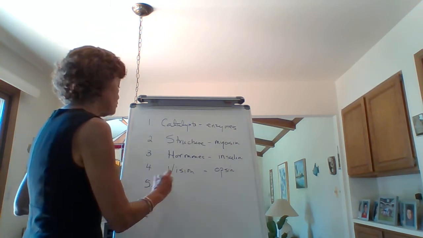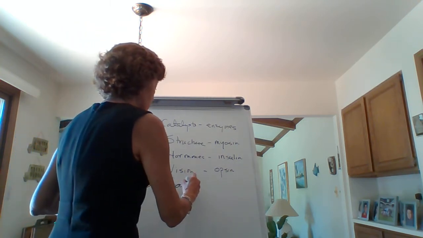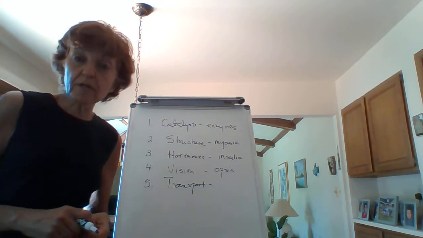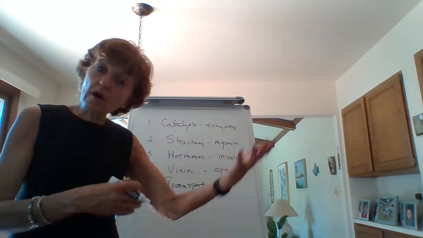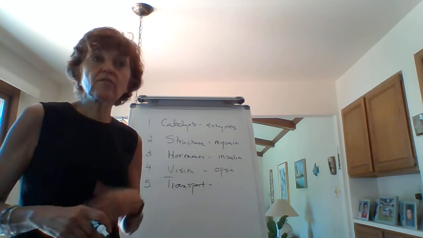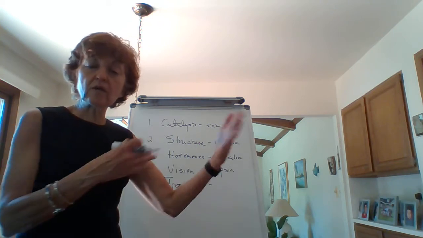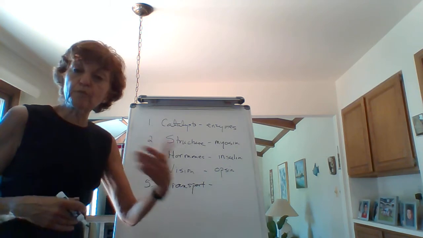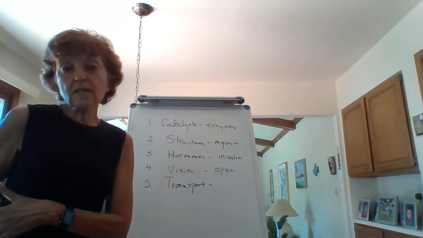What other? Oh, transport. Proteins act as transporters. You've heard of hemoglobin. Hemoglobin transports oxygen to a whole bunch of places in the body. You have other proteins that will carry other things throughout the body. You've heard of lipoproteins, high density lipoproteins.